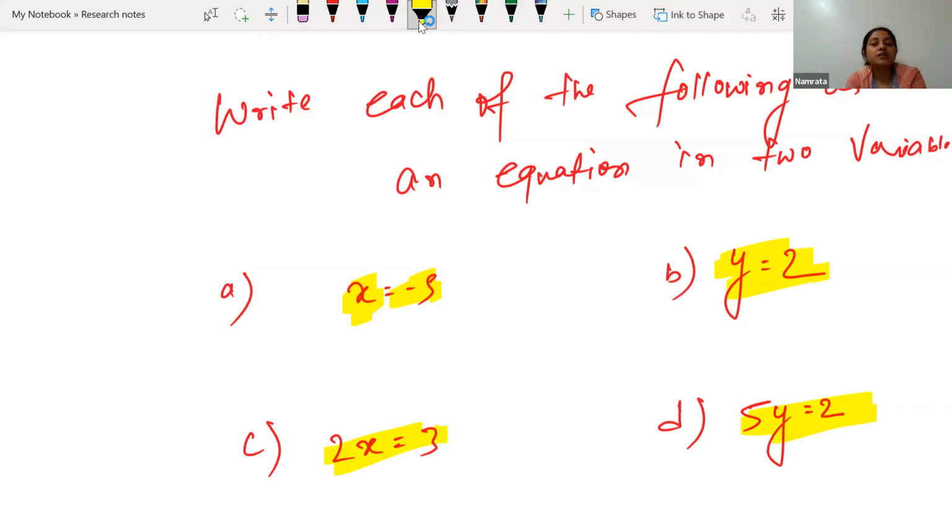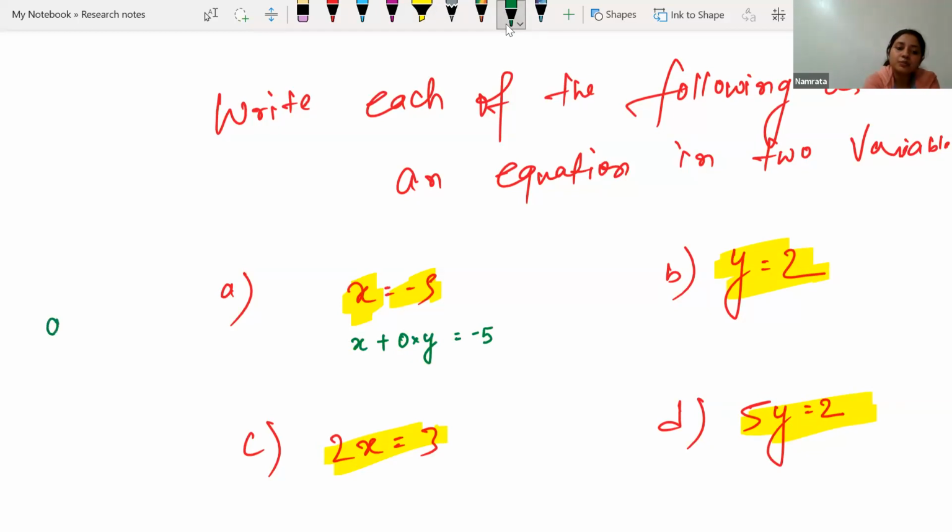We have to write it as a linear equation in two variables, so we have to introduce one more variable over here. Can we write it as x plus 0 into y is equal to minus 5? Yes, ma'am.